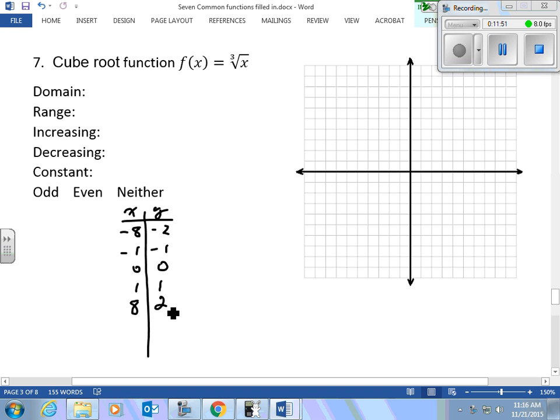So let's plot those points. So negative 8, negative 2, negative 1, 0, 0, 1, 1, and over 8 and up 2. So this is a lot like the previous graph, but sort of flipped onto its side.